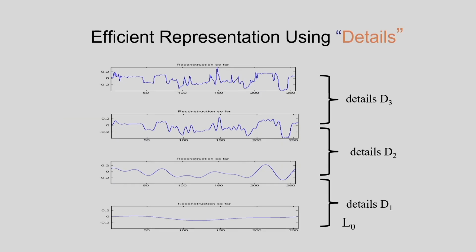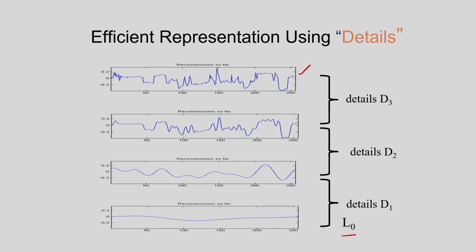I have also explained the concept of how to represent a particular signal by considering low frequency information and high frequency information. Here you can see I am considering one signal, and it is approximated by low frequency information and high frequency information.